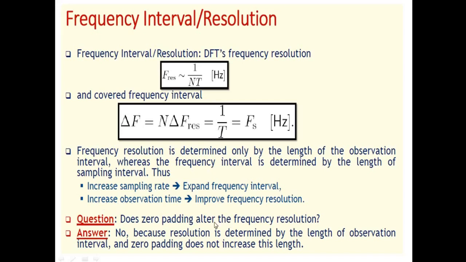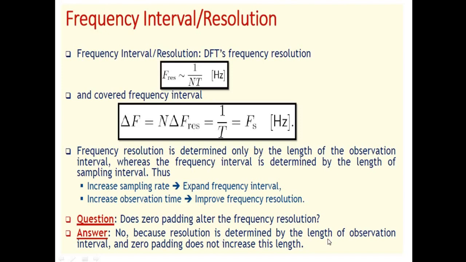Another concept: if we add zero padding to the given sequence, will it alter the frequency resolution? The answer is no, because the resolution is determined only by the length of the observation time, not by the length of the sequence.